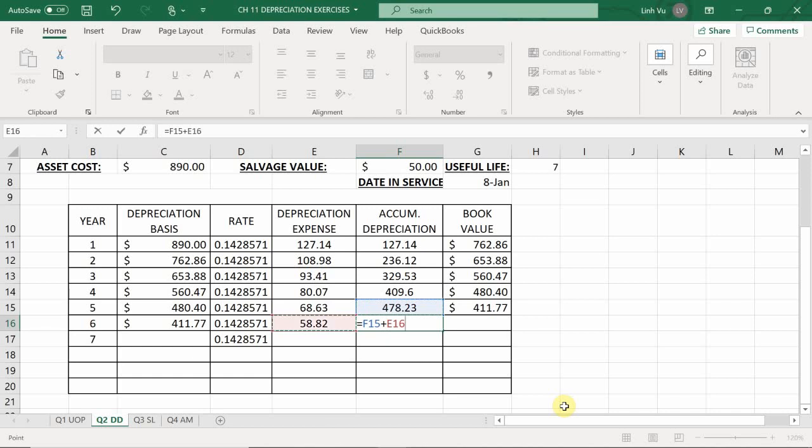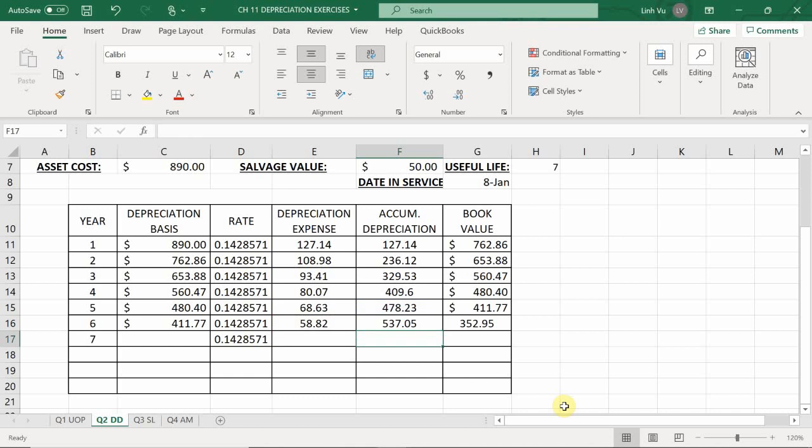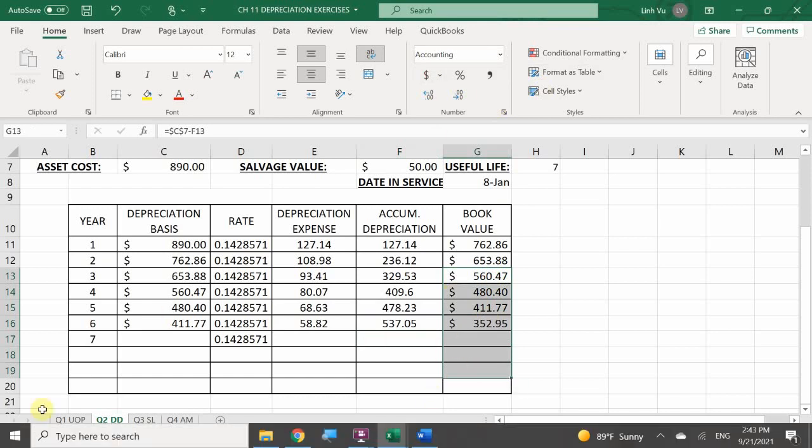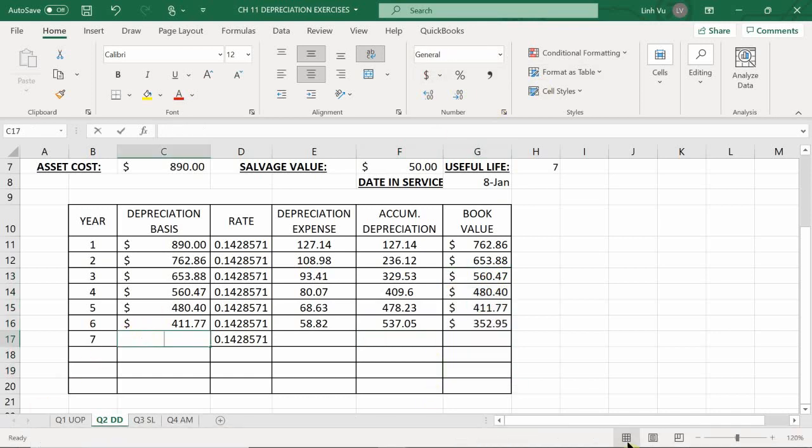In this case, what is my total accumulated depreciation going to be? A total of $537.05, which Excel recognizes what I'm doing here and notes that it is a total of $352.95 for my book value. Which then becomes my depreciation basis for year 7. And I can add that there.